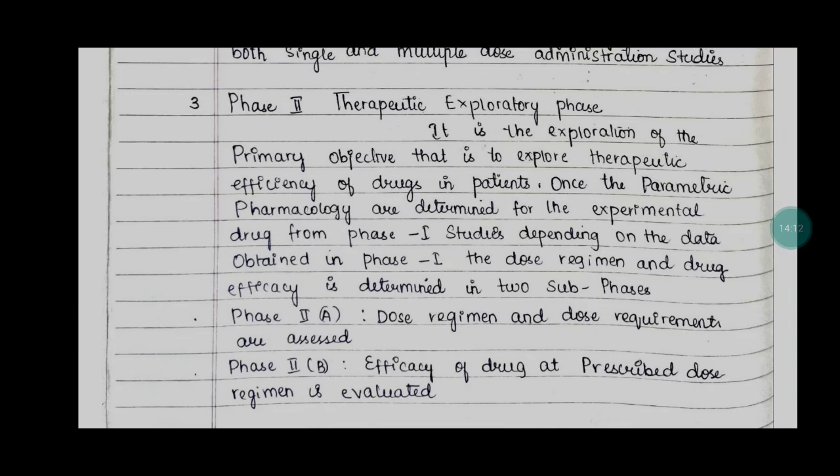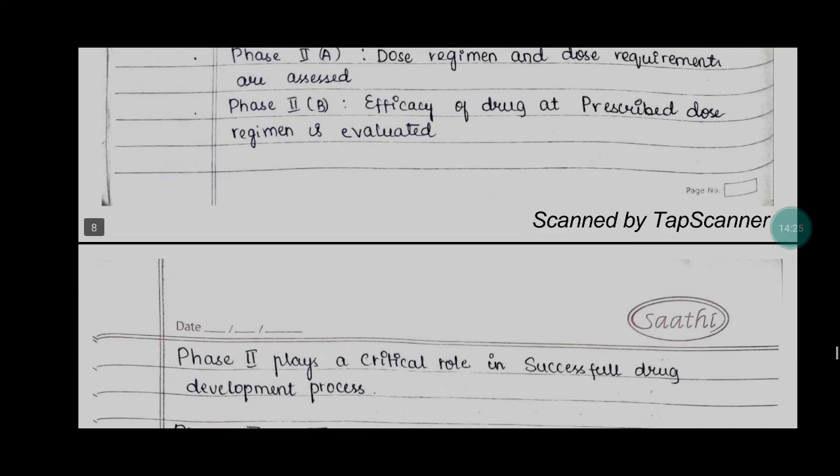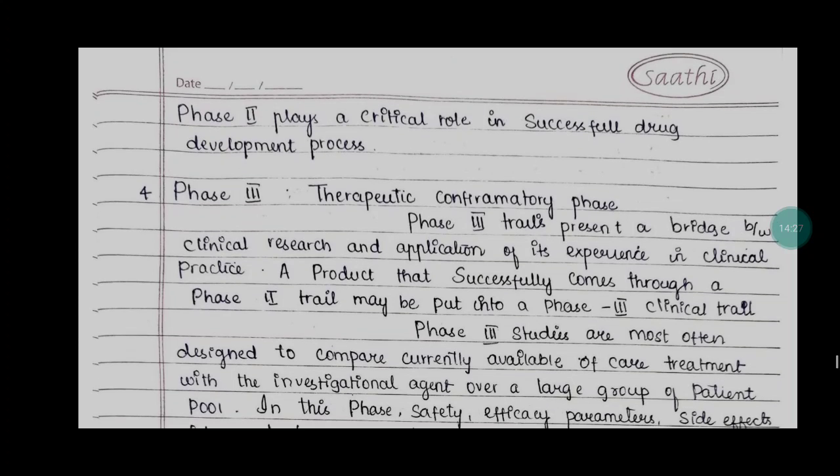In phase 2A, dose regimen and dose requirement are assessed, and in phase 2B, efficacy of the drug at the prescribed dose regimen is evaluated. Phase 2 plays a critical role in the successful drug development process.